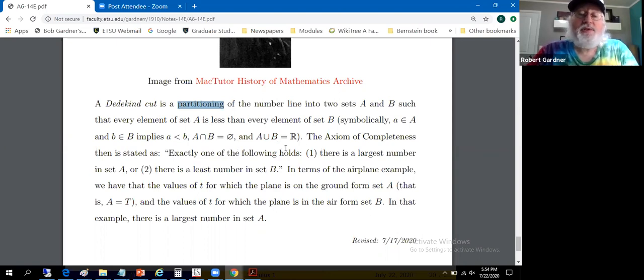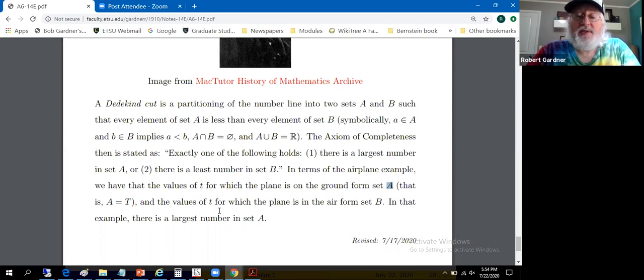But those are the conditions, and the axiom of completeness can then be stated: exactly one of the following holds. There's a largest number in set A, or there's a least number in set B. That's exactly how we had the airplane thing. In the airplane story, the times when the plane was sitting on the ground form set A, the set capital T, if you like, from before.